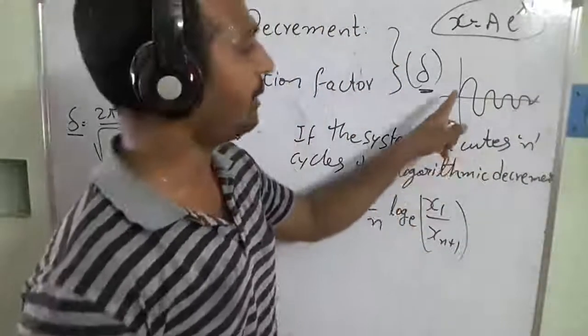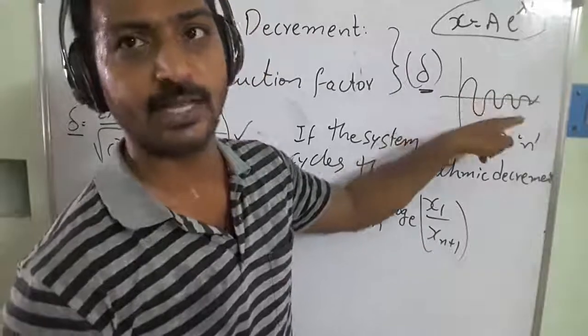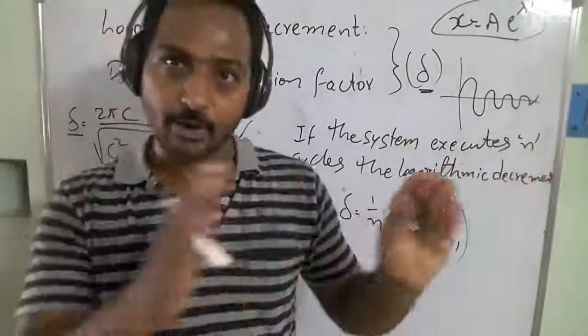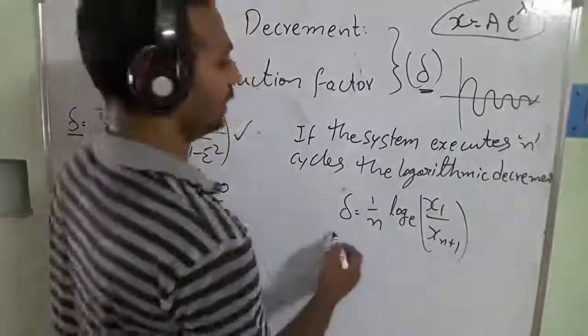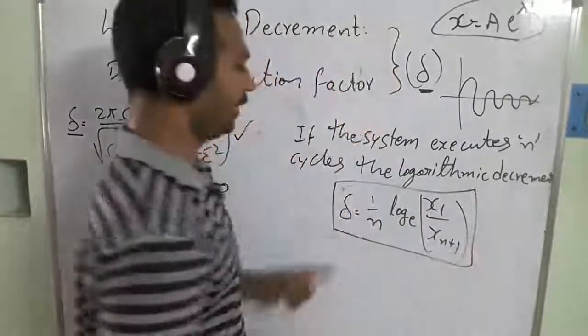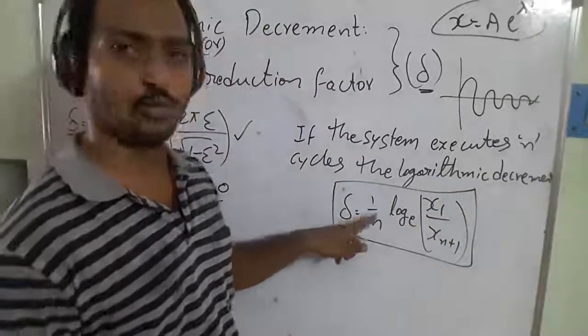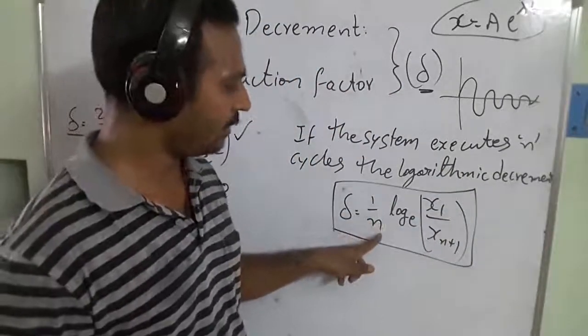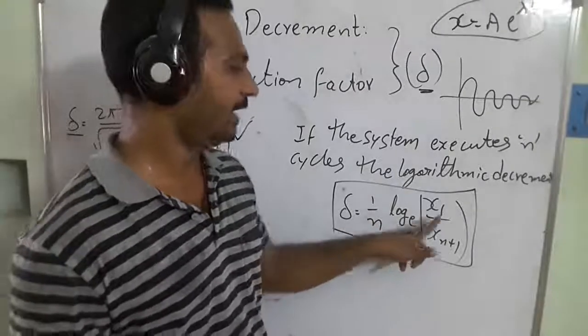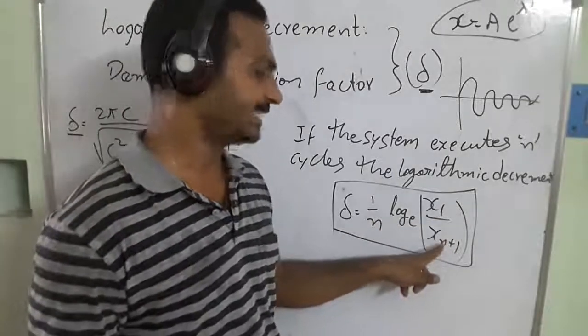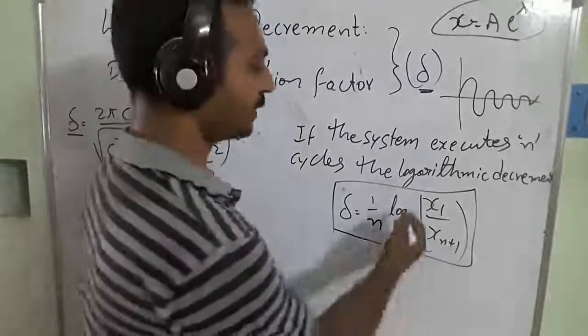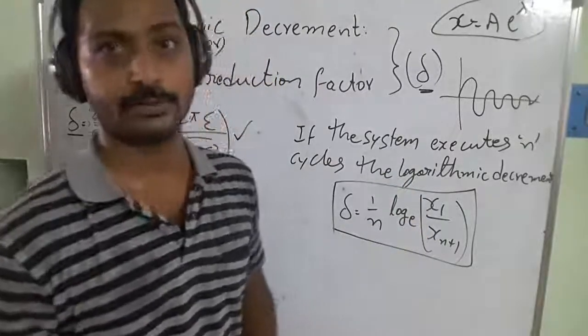That is x1 by x2, x2 by x3, x3 by x4, like that the number of cycles are executed. Then what is the equation we are going to get? The logarithmic decrement is equal to 1 by n, log e of x1 by x(n+1), or sometimes you can write ln also there.